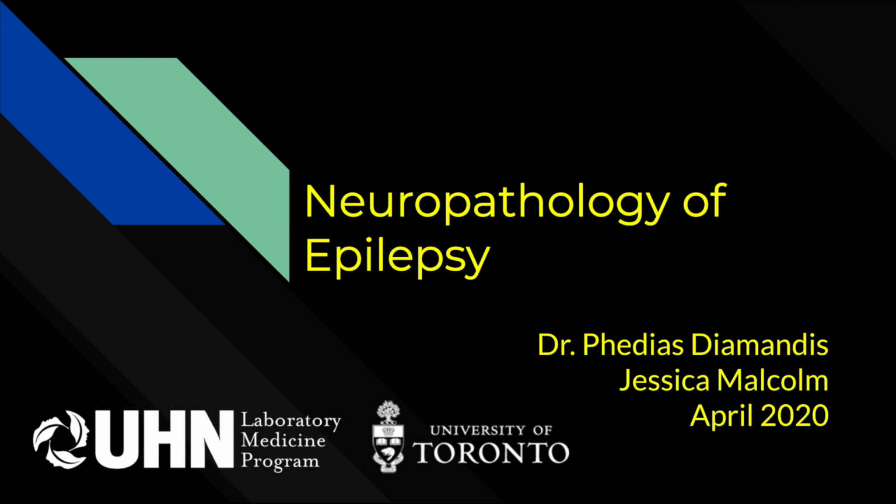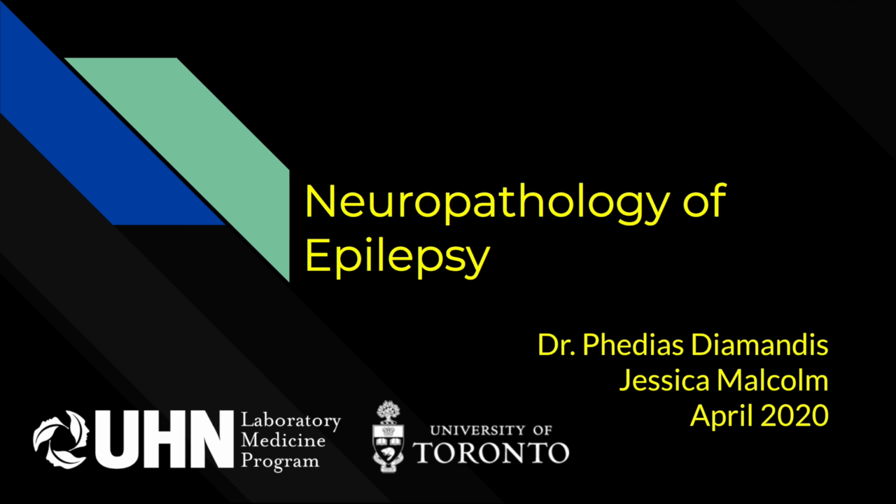So hi everyone, today we're going to be talking about the neuropathology of epilepsy, and this is really a continuation from our neuronal migration disorder talk. We're going to be covering cortical dysplasia and some other common neuropathological features of epilepsy. So this was a presentation I worked on with one of my students.